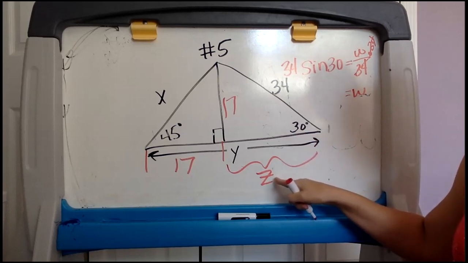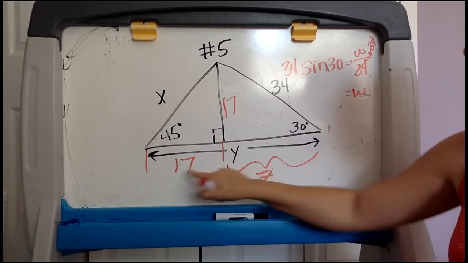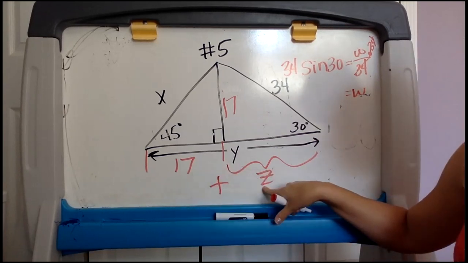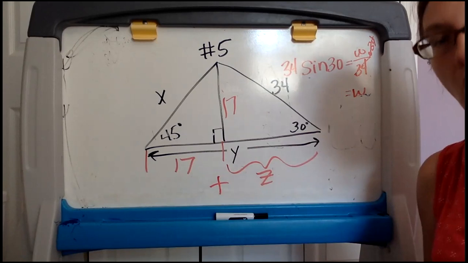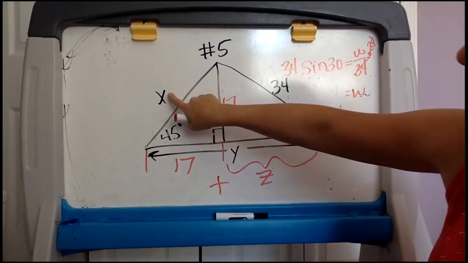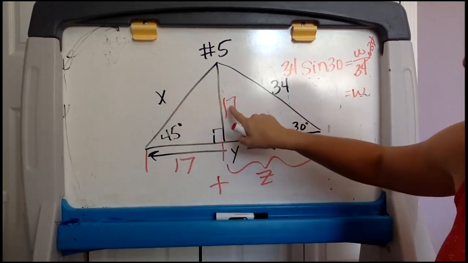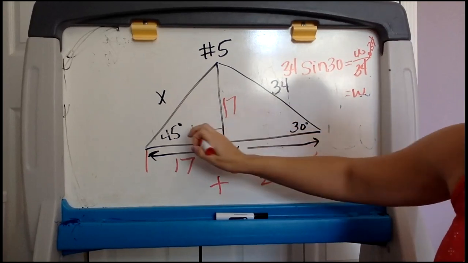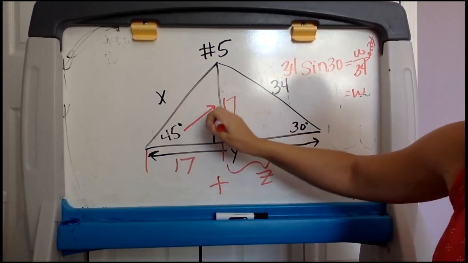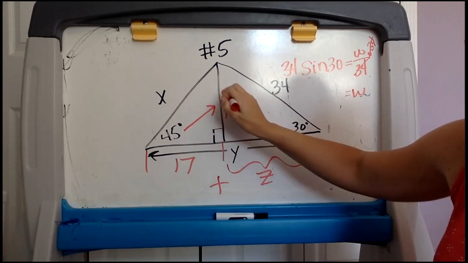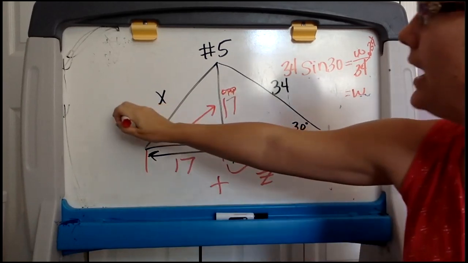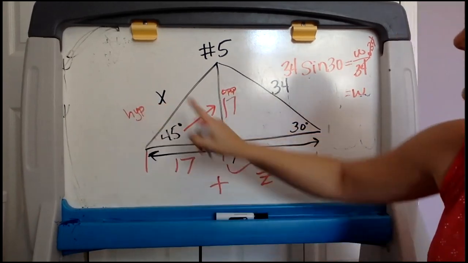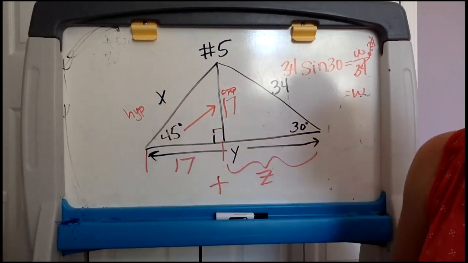And then once you get the value for Z, you would add 17 to it. So that will get you Y. And then if we look at X, we now know what this is. So from 45, we can use, again, the opposite and the hypotenuse to get us X. So think about what trig function you can use for that one as well.